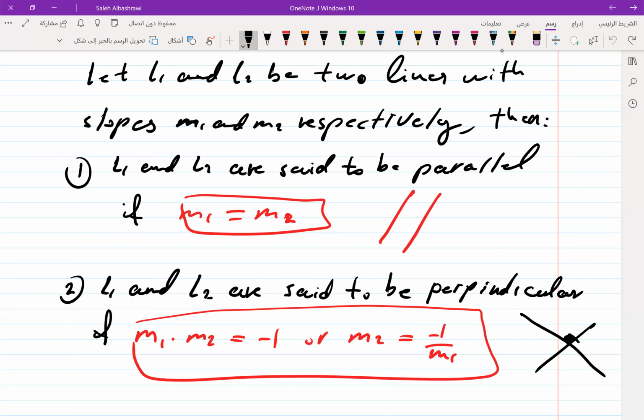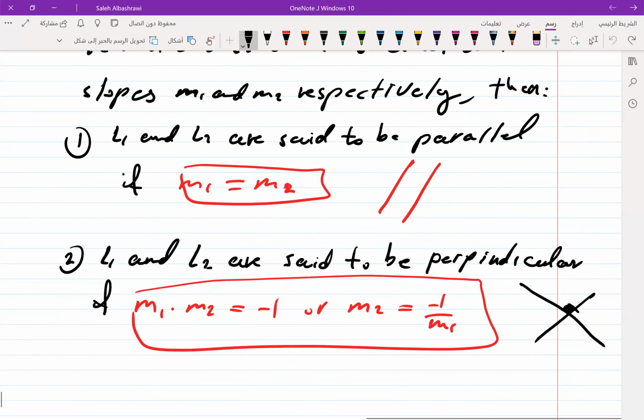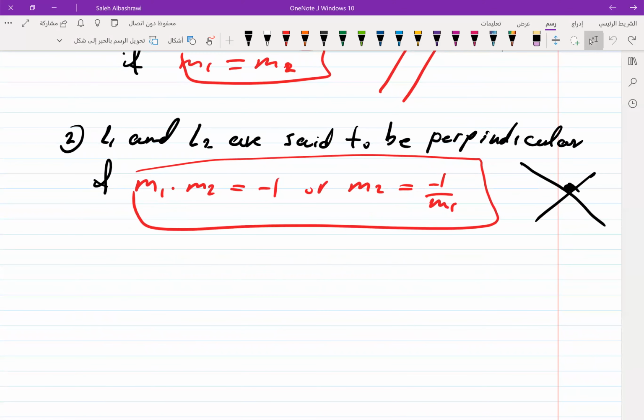Now we are going to apply this concept to find the equation of a tangent line, or a line parallel or perpendicular to the tangent line. For example, number 1.